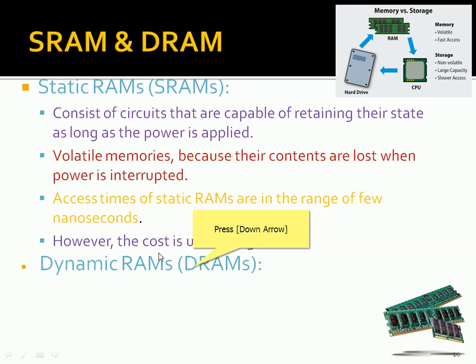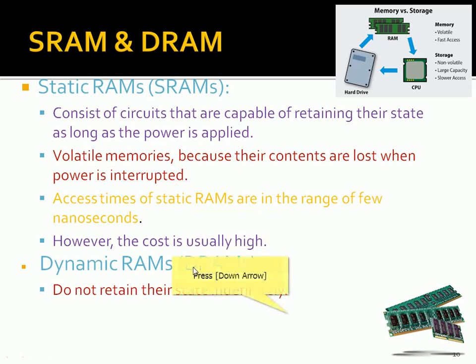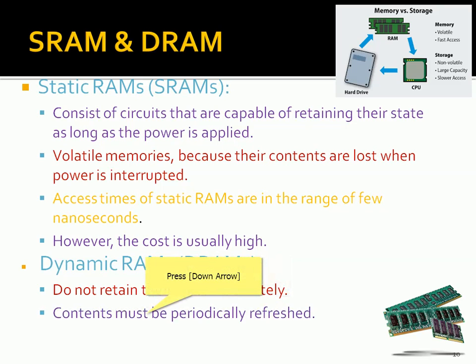Dynamic random access memory is formed with the help of capacitors and transistors. It will not retain the information indefinitely, so contents must be periodically refreshed. Because the power supply is not there continuously, the data is going to be lost. So we have to understand the philosophy of the dynamic random access memory cell.